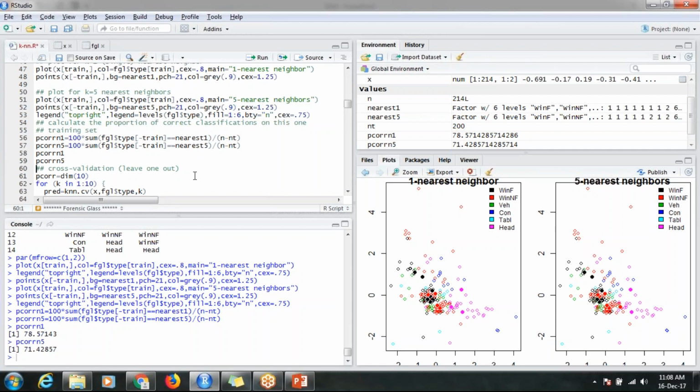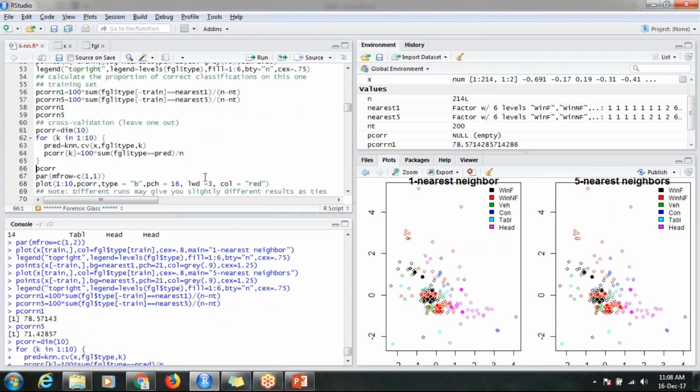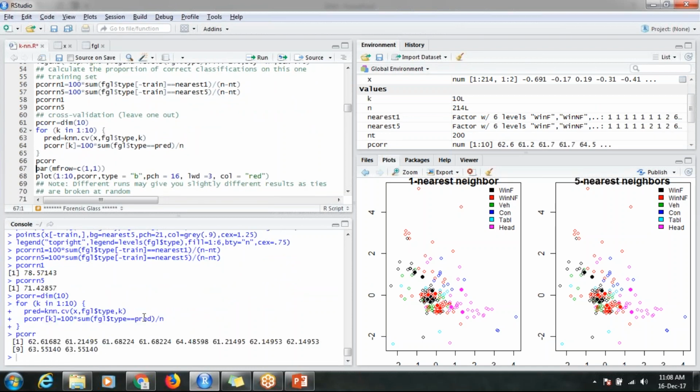I will run a for loop where I vary the value of k from 1 to 10, and I will try to find for which value of k I get the best classification, or the best percentage. Now, for k equal to 1 I have 62%, 61, 61, so on, 64, then almost steady 62, 63, 63.